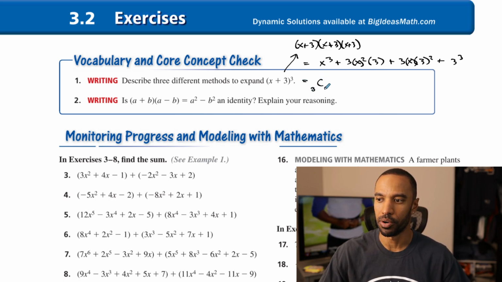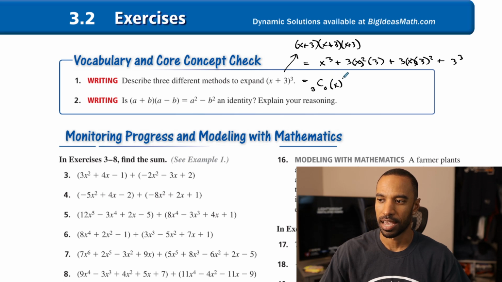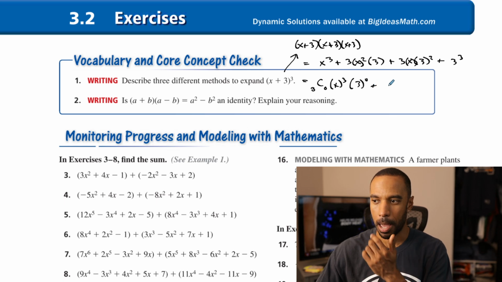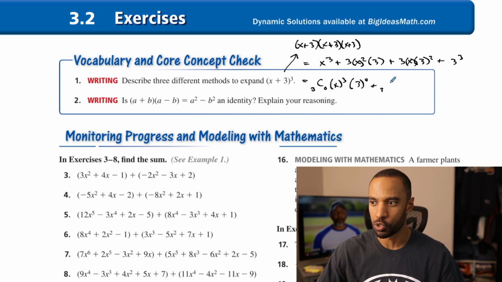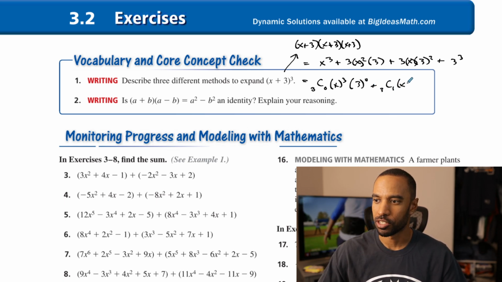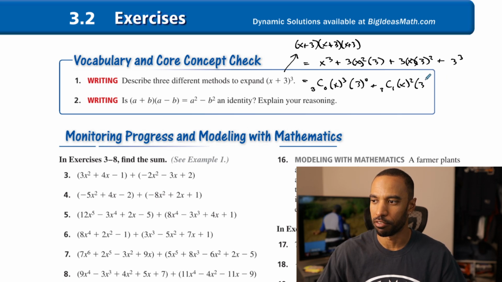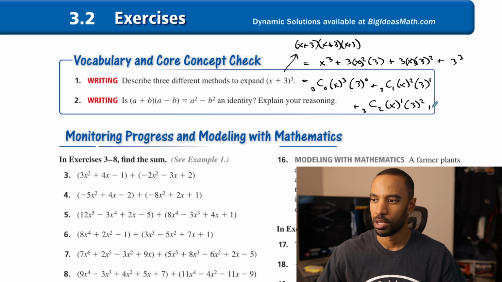There's 3 choose 0 times x cubed times 3 to the 0 plus 3 choose 1 times x to the 2nd power times 3 to the 1st power plus 3 choose 2 times x to the 1st power times 3 squared plus 3 choose 3 times x to the 0 power times 3 cubed.